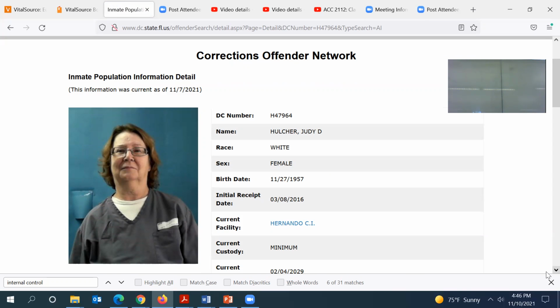She's doing the time. Yeah, can you just imagine? She's up in Hernando County. At least she's in minimum custody. They don't think she's going to run off. I don't think she would either.